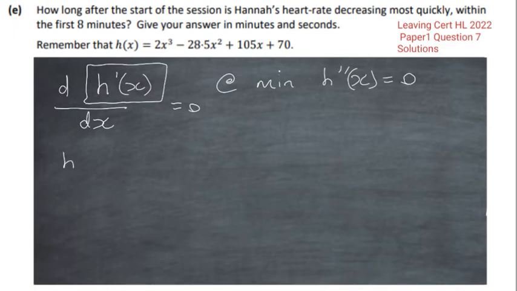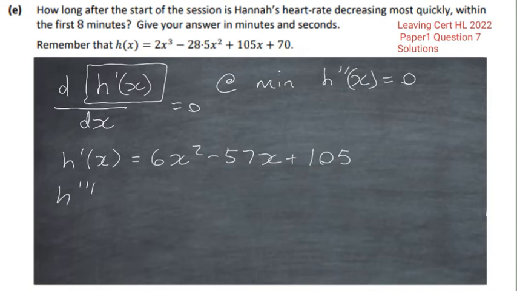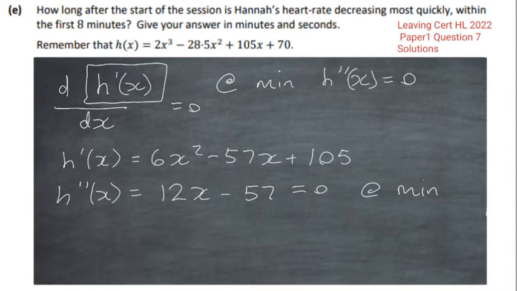So h dash of x is equal to 6x squared minus 57x plus 105. h double dash of x is equal to 12x minus 57, and we're going to set that equal to 0 at the min. Okay, and remember it's at the min of that function.